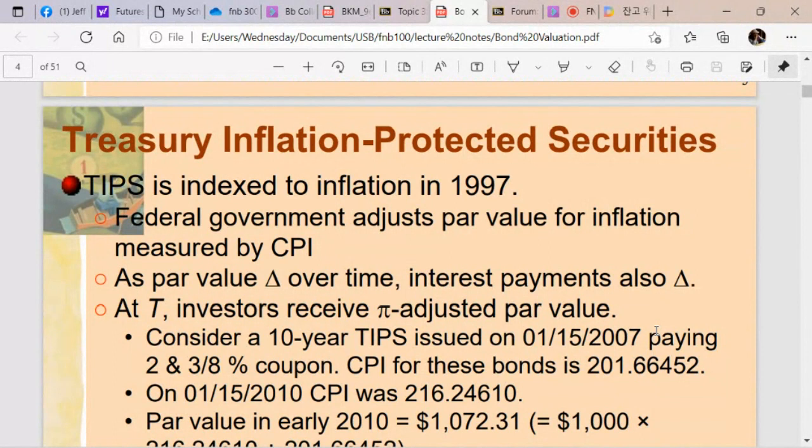And of course, you can look up CPI from the Federal Reserve website, or from a couple of other websites.